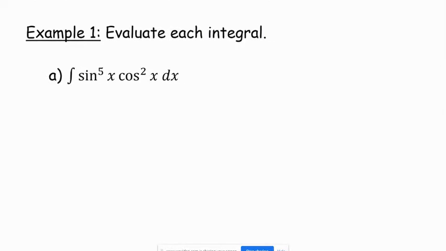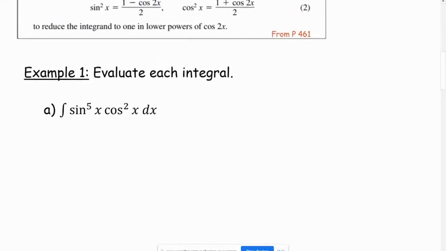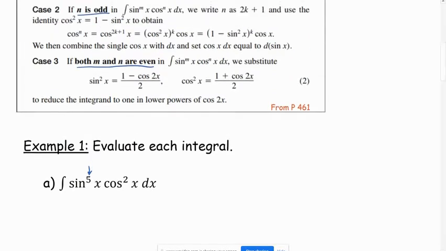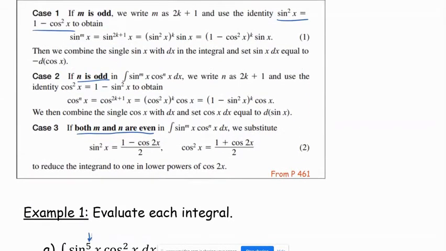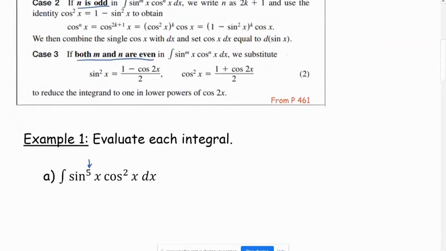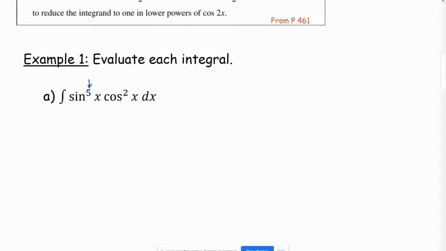All right, let's take a look at example 1. In this one, I noticed right away that I have sine to an odd power. So we'll follow the first suggestion, which is to use sine squared x equals 1 minus cosine squared x. I'm going to first write this as sine to the 4th x times sine x times cosine squared x dx.